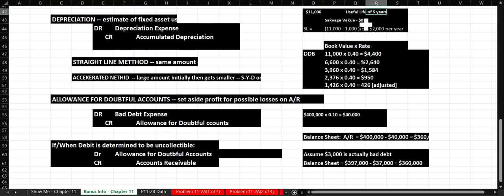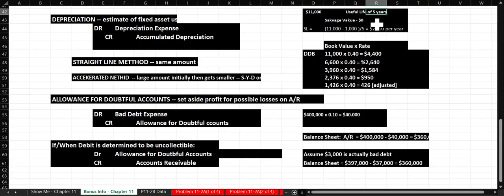These are estimates. We could be wrong and may have to make corrections. Maybe 2 years into this, we realize, oh, it's not going to be for 5 years. It will only be for 3 years. Or maybe it isn't supposed to be for 5 years. It should be for 6 years.